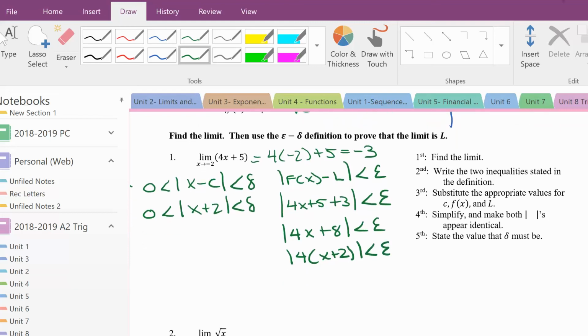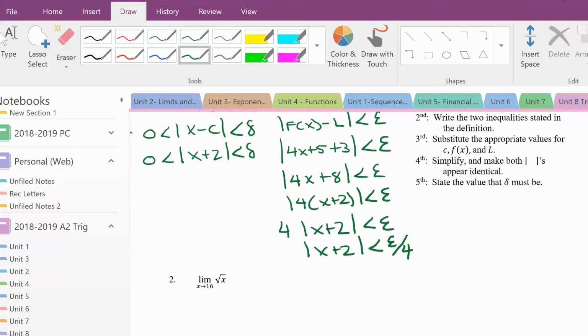The absolute value of 4 is 4, so I can pull that out. So I get 4 times the absolute value of x plus 2 is less than epsilon. Then I can divide by 4, so the absolute value of x plus 2 is less than epsilon divided by 4. Notice they're the same.